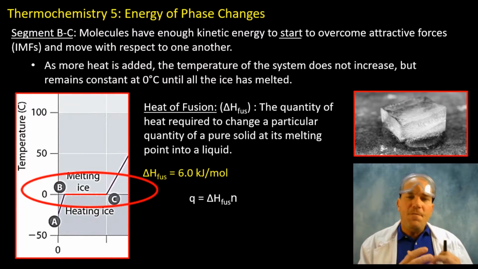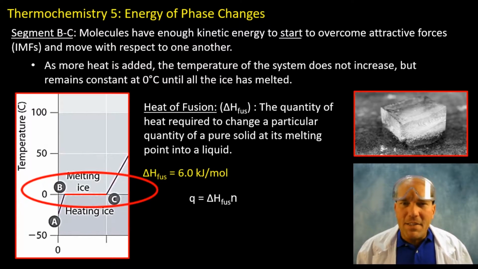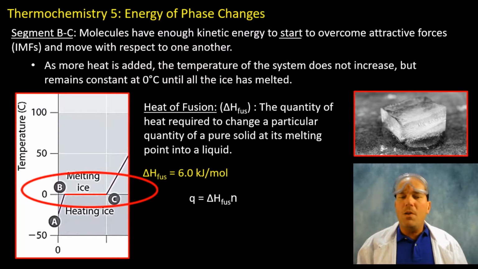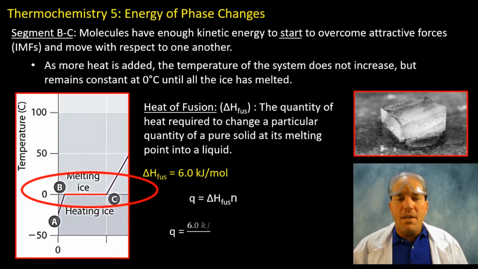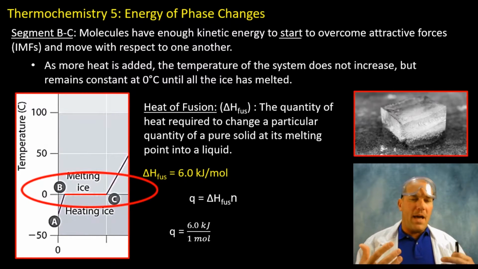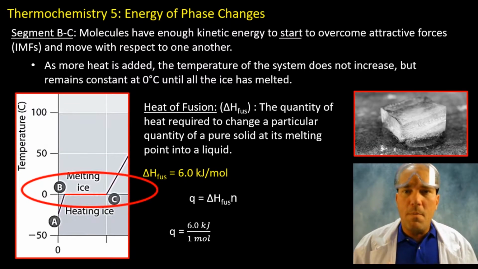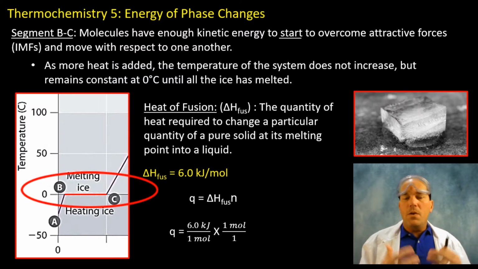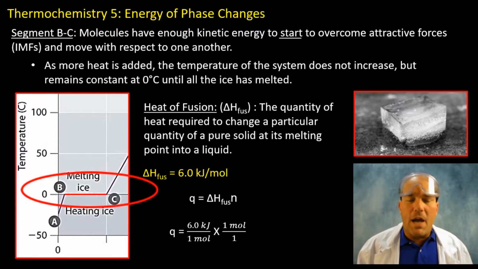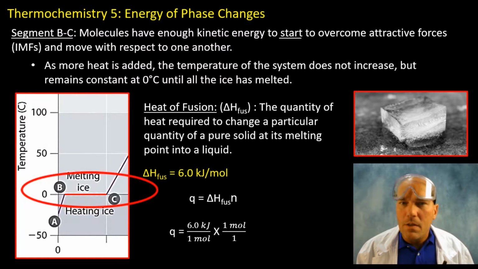So if you look at this mathematically, if you multiply a quantity of kilojoules per mole by the molar amount, the moles will cancel out. If moles cancel out, what does that leave you with? Energy in kilojoules.